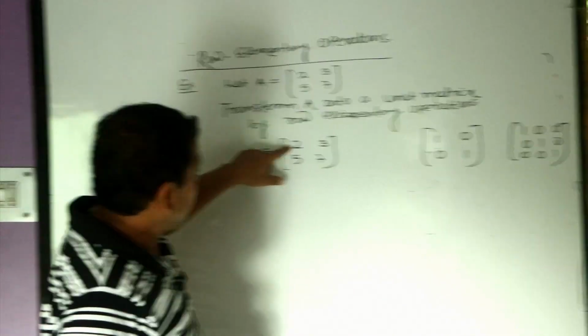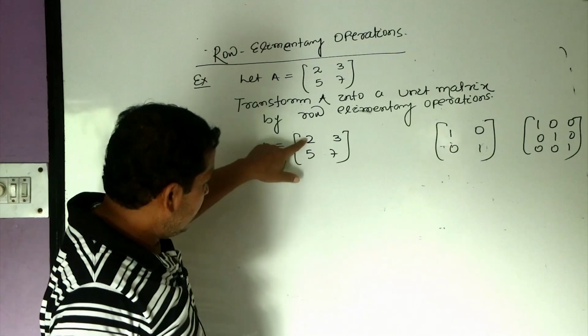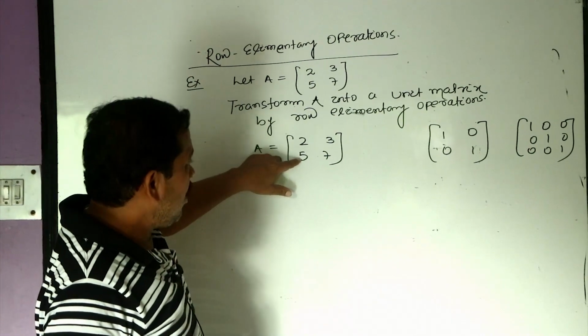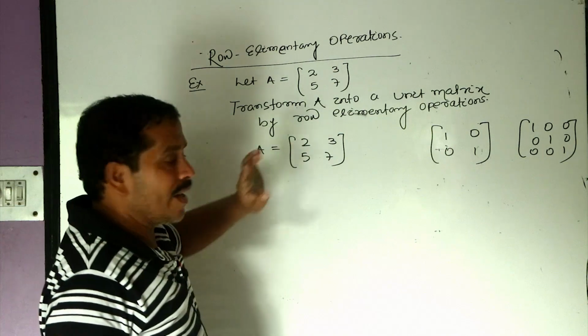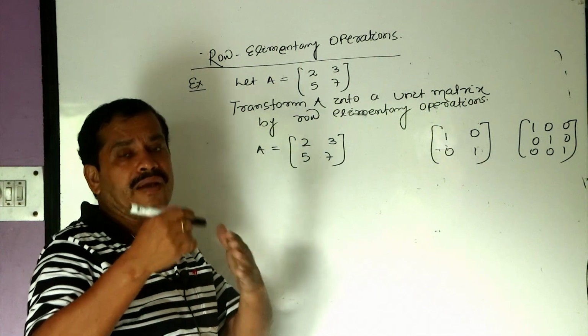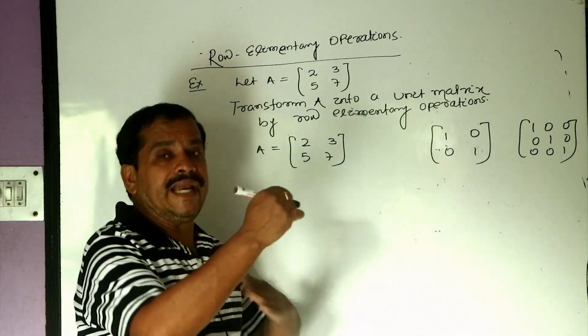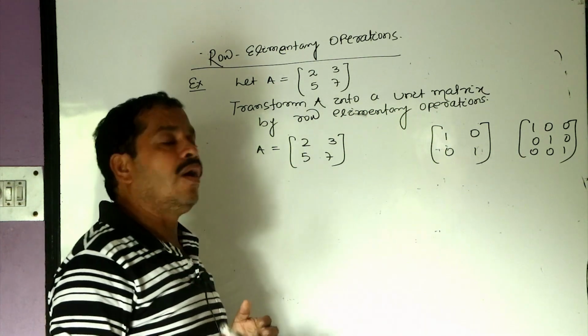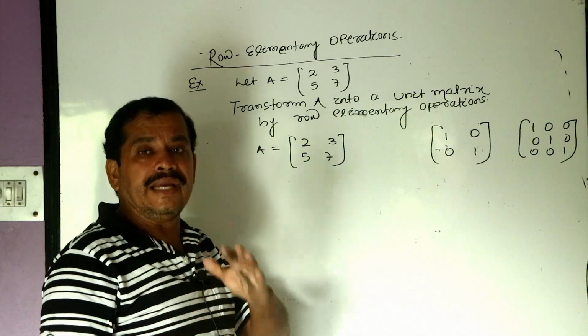That means we have to make this element 1, this 0, this 0, and this 1. How can we convert? For this, we can multiply a constant with any row, we can exchange any two rows, or we can add any two rows.